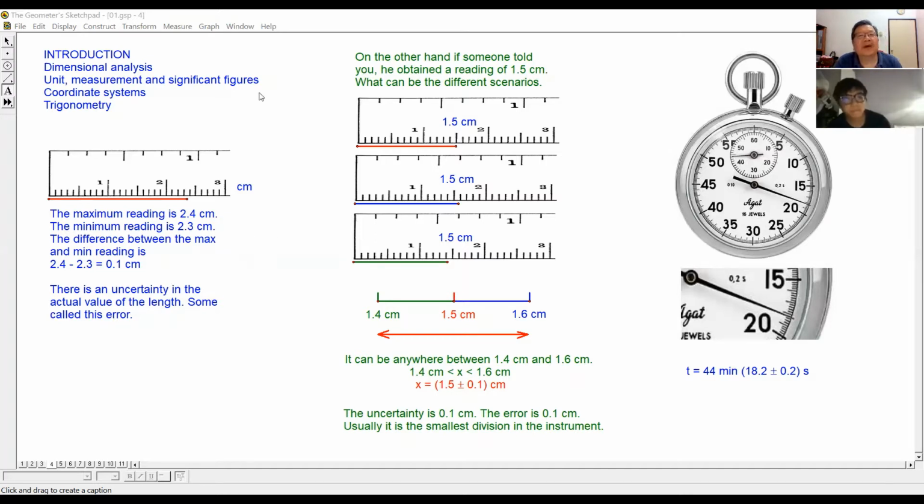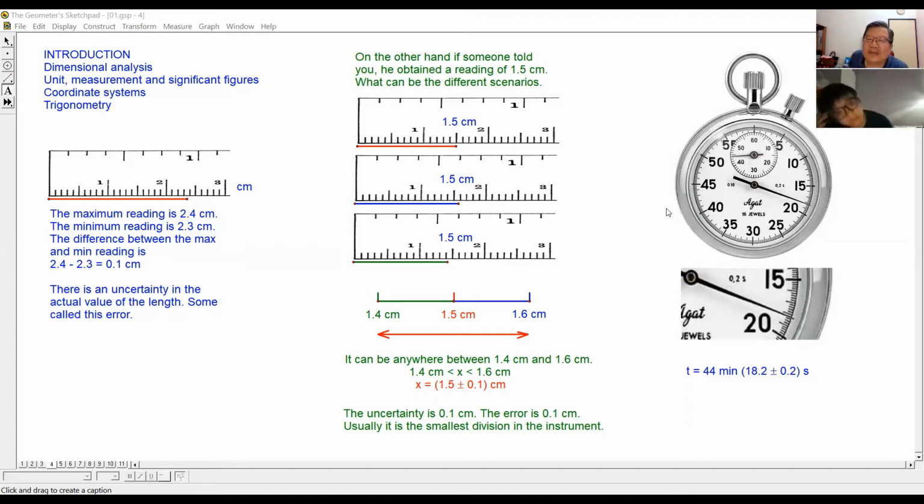Now we look at it from another point of view. Let's say someone tells you, I have made a reading already. The reading that I have collected is 1.5 cm. If they tell you 1.5 cm, what do you think is the actual measurement that the person has taken?